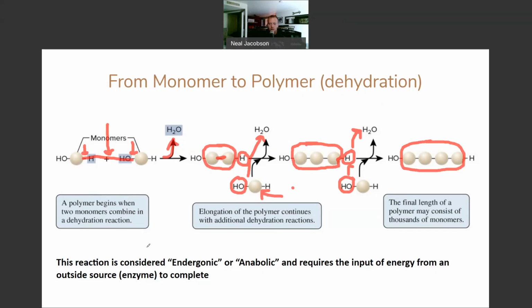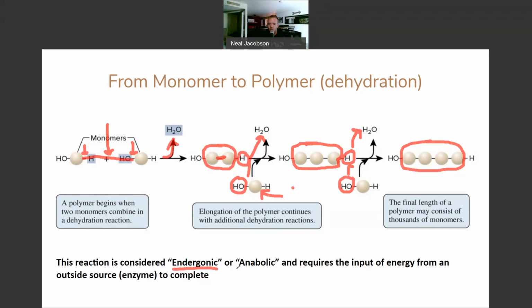Now it's important, because we're going to talk about energy in the next unit, to remember that this reaction is a building reaction. Because we're going from individual pieces of Lego into a big tower or something, right? A big polymer of Legos. And so it's endergonic, meaning it requires energy to come into the system, or anabolic is another way to think about it, right?